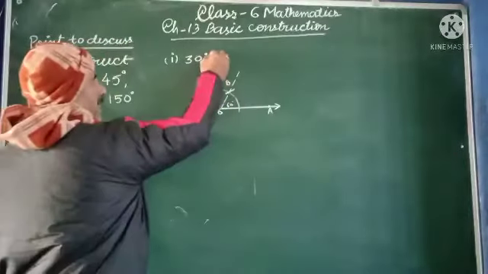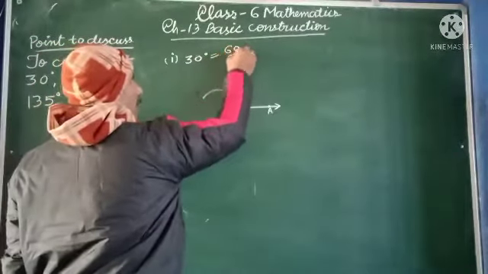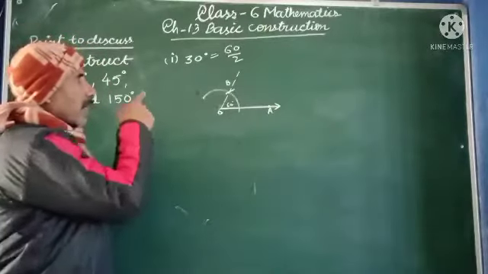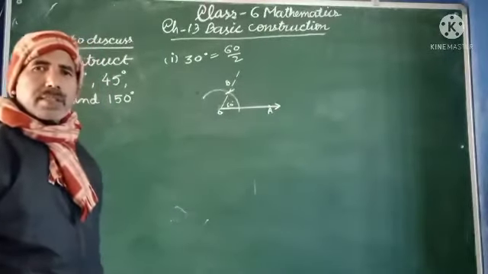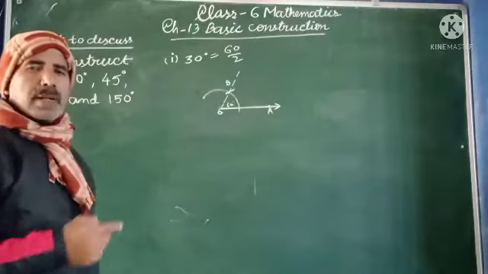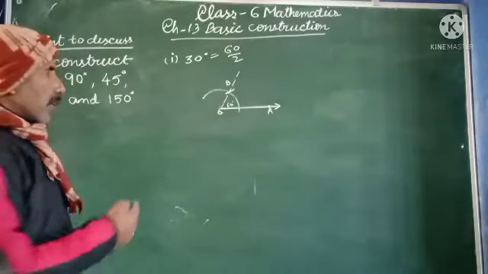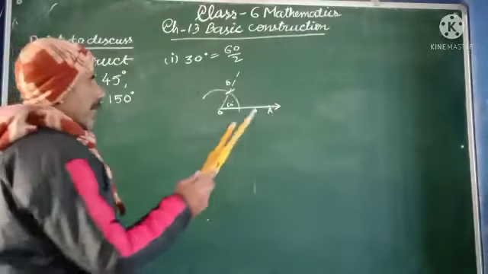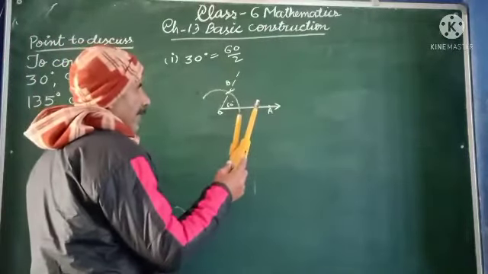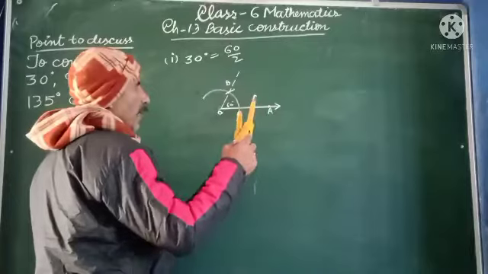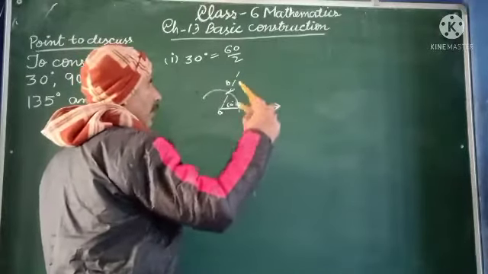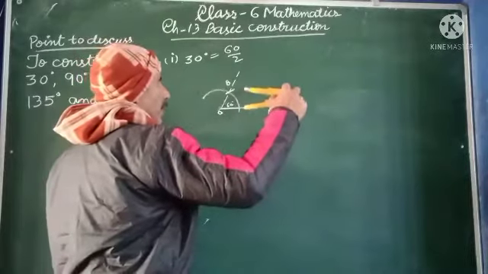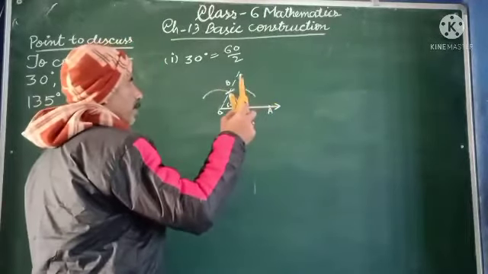Now 30 means half of 60, 60 divided by 2. So if we bisect this 60-degree angle, using the concept we learned of how to bisect a given angle, we will get 30 degrees. For bisecting, from these two points of intersection on the arms of the angle, we draw two arcs of the same radius.